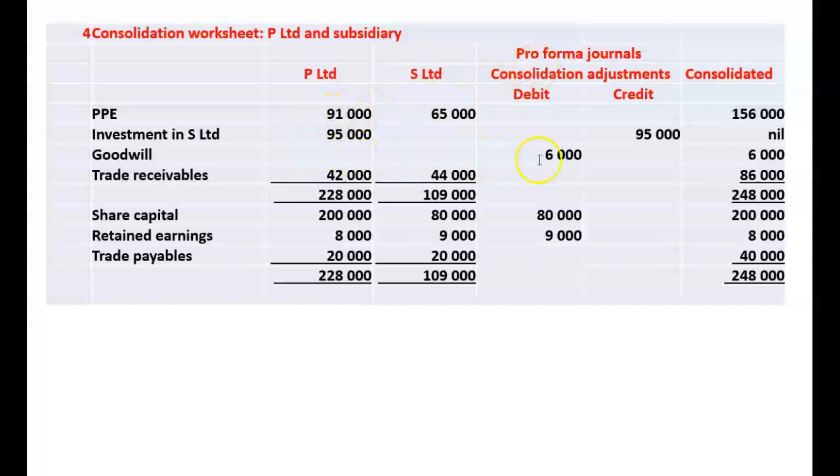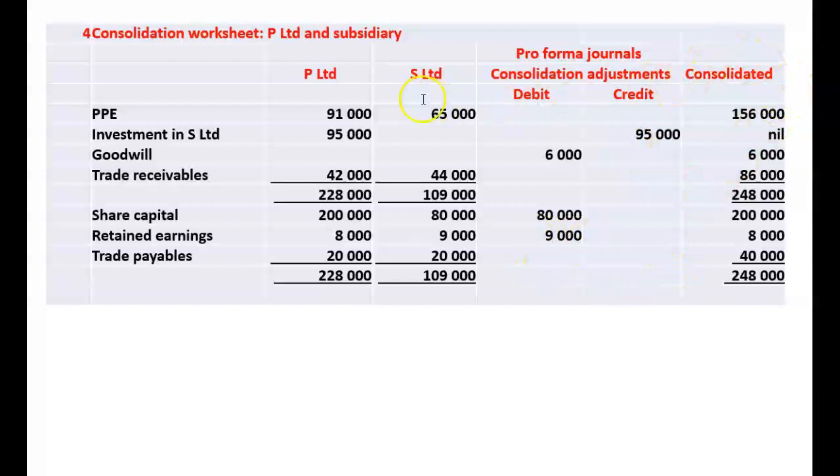We're going to take out the investment once more. We're now going to create a goodwill entry, 6,000, and we're going to debit retained earnings of S, 9,000, and the share capital of 80,000. These must always be in balance. So you see 89 plus 6 is 95 equals 95. Debits must always equal credits.